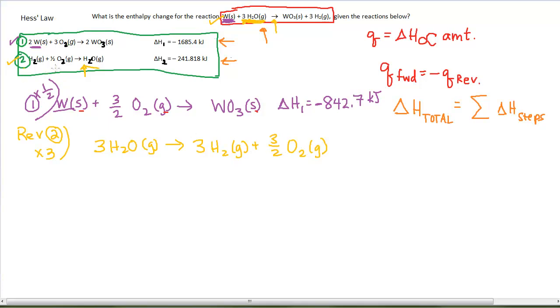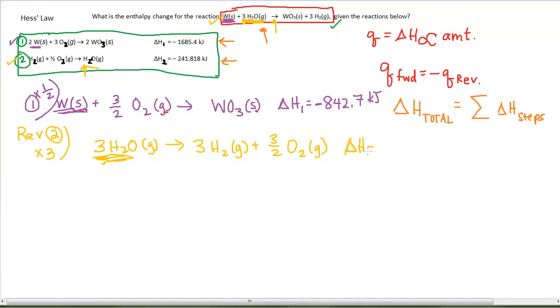So I reversed the reaction and I multiplied it by 3, and the whole reason was to make it match the water in the reaction up above. So I've done this to both reactions. I've manipulated both reactions to make them match the reaction that I'm trying to find in the question. Again, what happened is this delta H is now different.